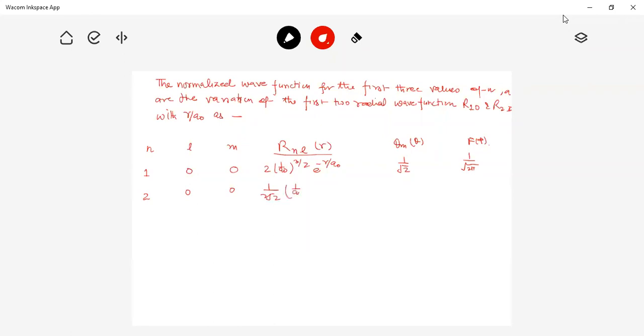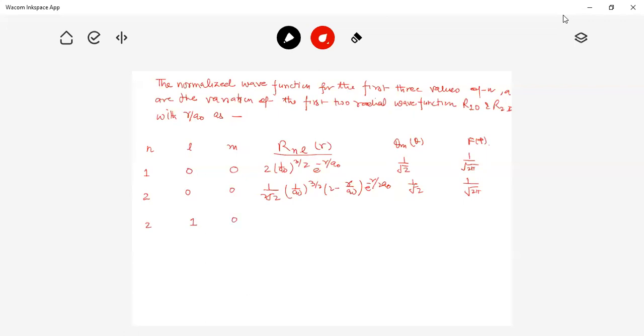(1 upon a0)^(3/2), (2 minus r by a0), e raised to the power minus r by 2a0. And this is the same, and this is the same, 1 upon under root 2 and 1 upon 2. Now we have 2, 1, 0.